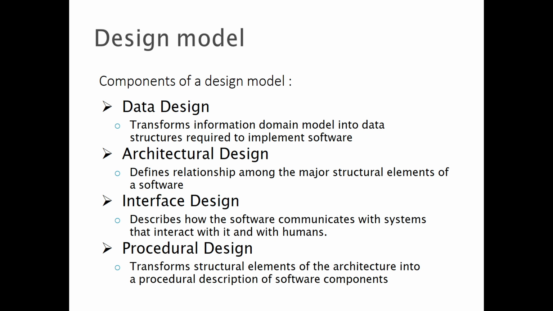Like if you're sitting in a room, you might have a wall, a ceiling, and a floor, right? A wall is a different component, ceiling is a different component, and floor is a different component. How they are related to each other defines the structure of the room, right? So this is called the architecture of the room.